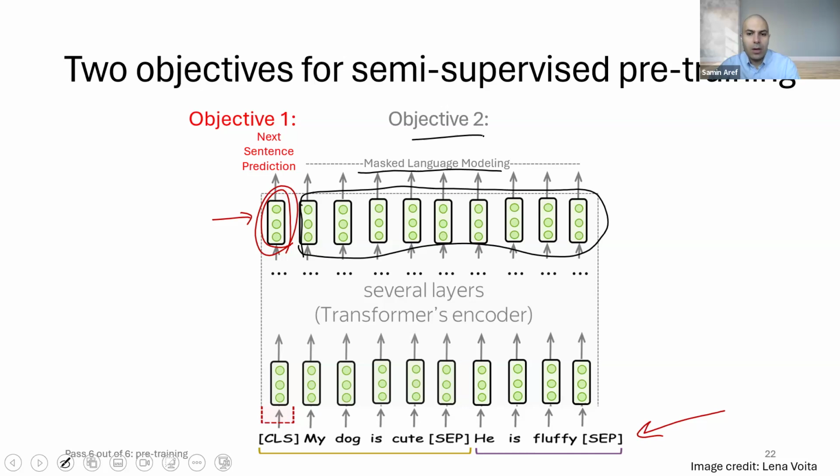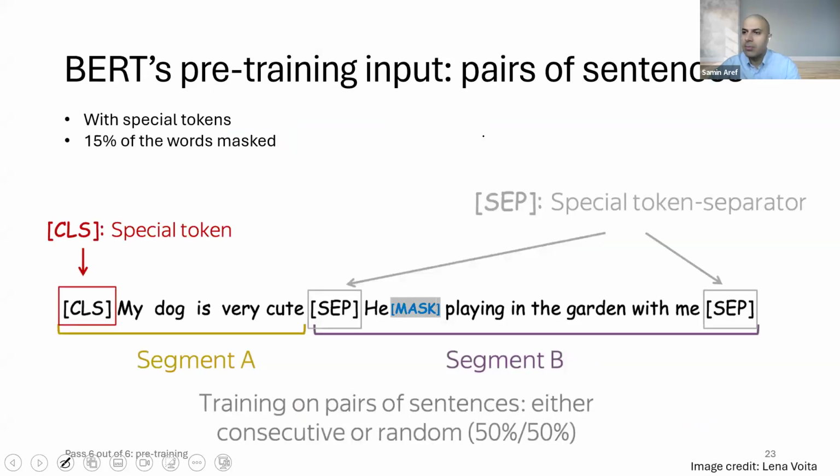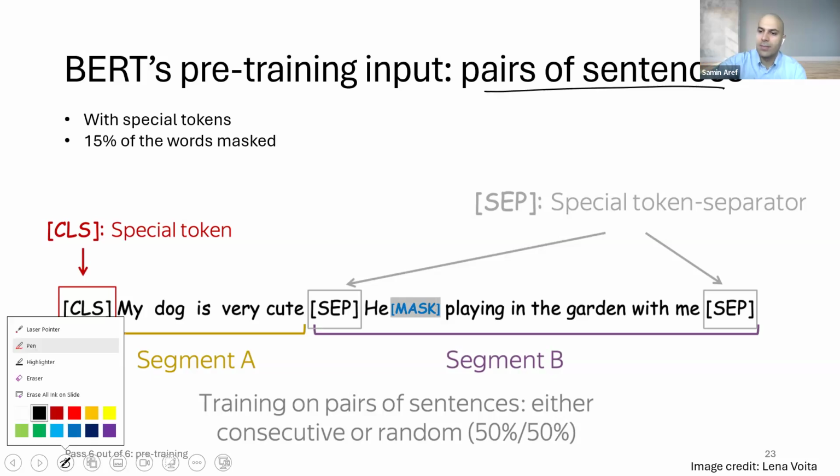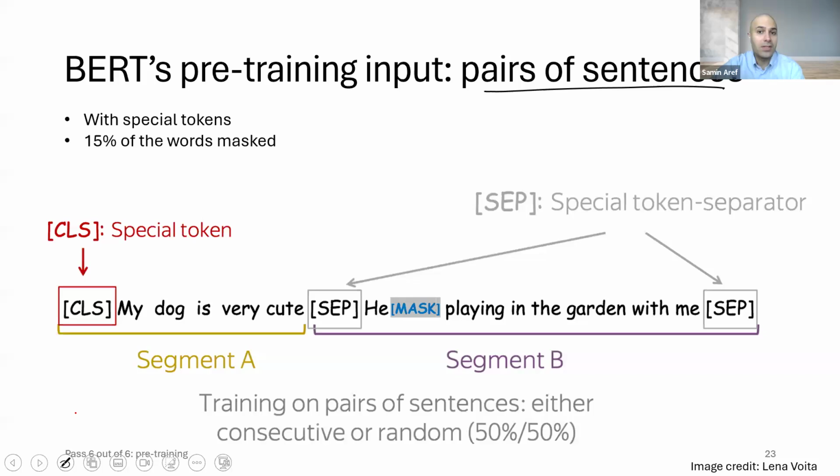But before we come to the details of these 2 objectives, let's first look at the input of the BERT model for its pre-training. This is an example of the input. As input, it receives pairs of sentences. Instead of just 1 sentence, the pre-training inputs were in pairs.